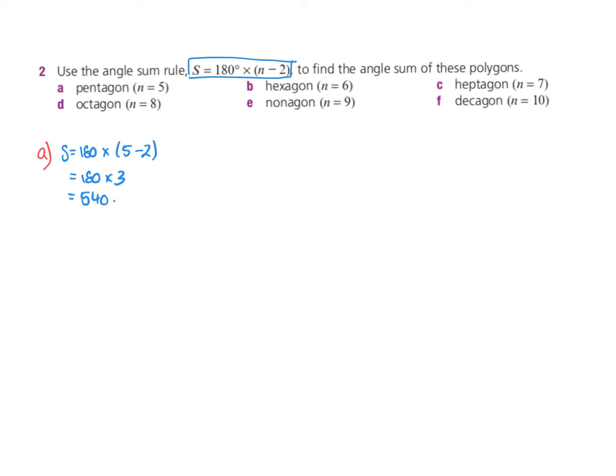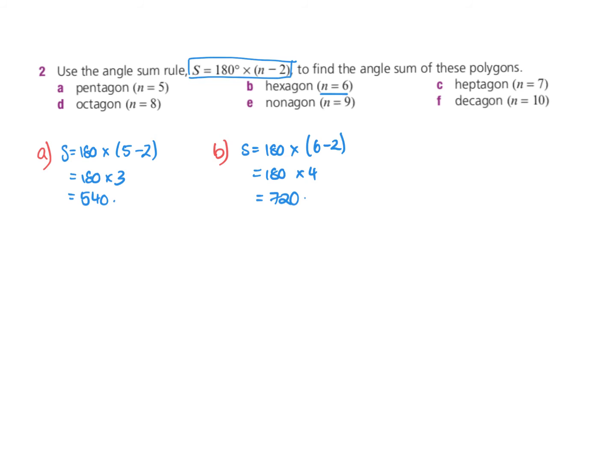Okay, if I look at B, the hexagon, they're telling me the sides, so it would be 6 minus 2, so 180 times 4, which is 720.